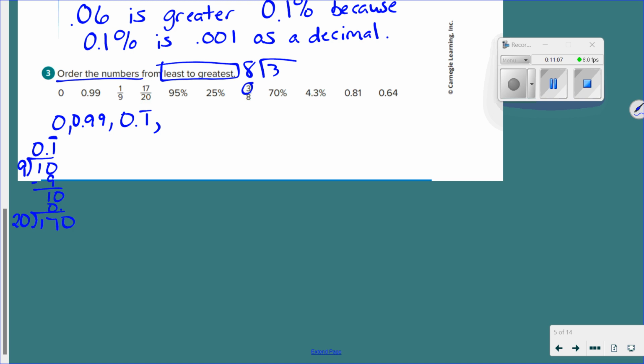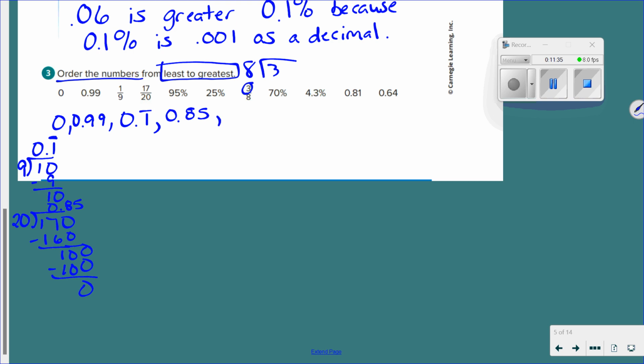How many times? 8. That's 160. Leaves 10. Add a 0. 20 into 100. 5. That's 100. So I get 85 hundredths. Make sense?